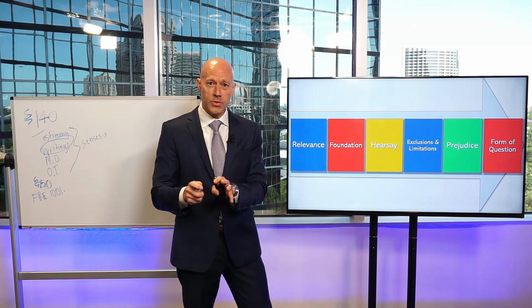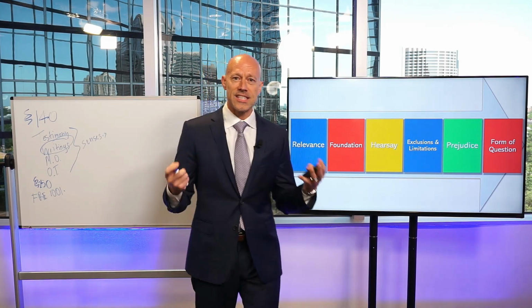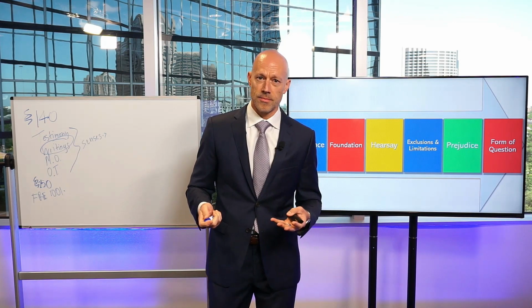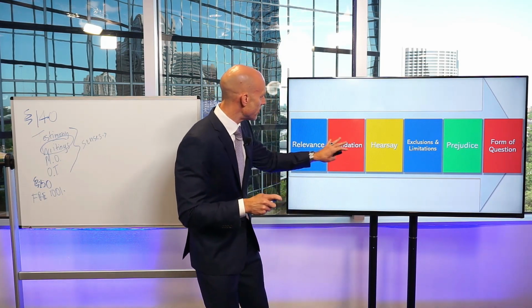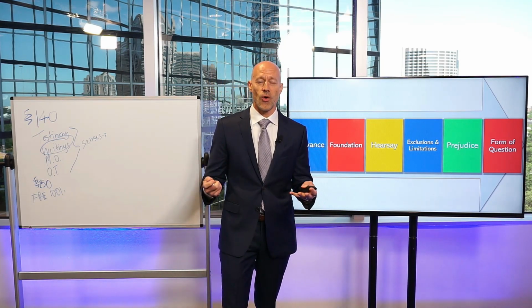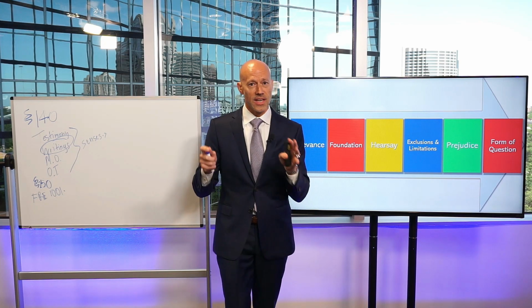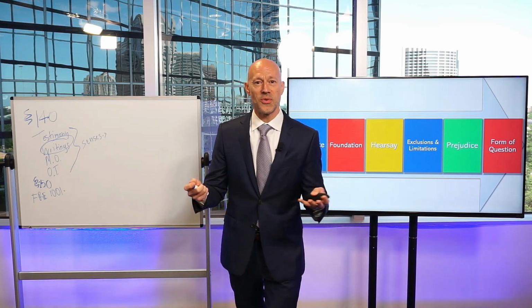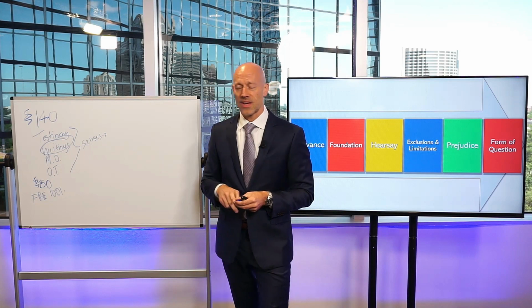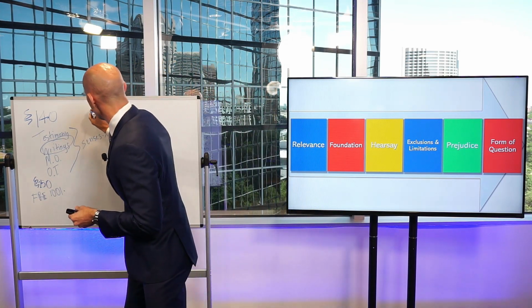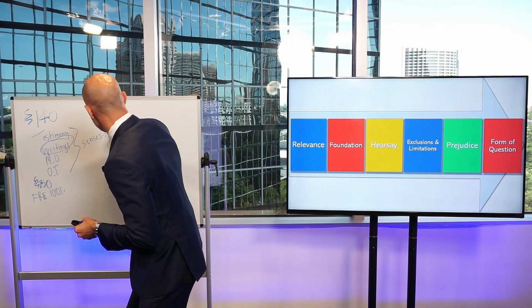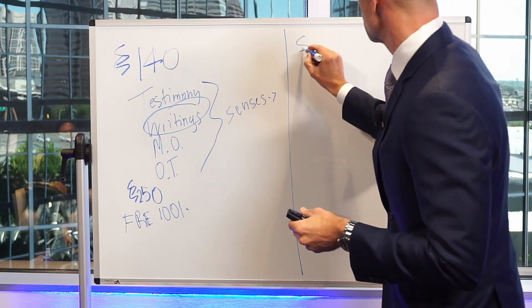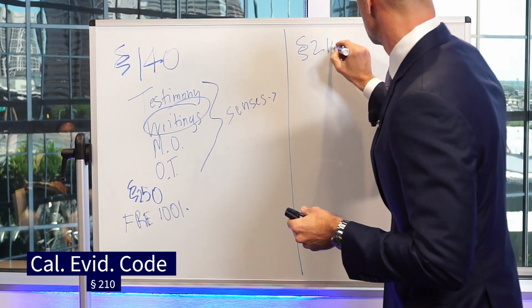The first one we always want to ask ourselves is: is the evidence relevant? Because if it's not relevant, we don't even have to deal with questions of foundation or authentication. And again, rather than going on our intuition, let's go to the rules. And so, in California, the definition of relevance is found in Section 210.